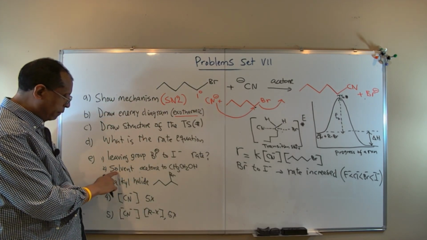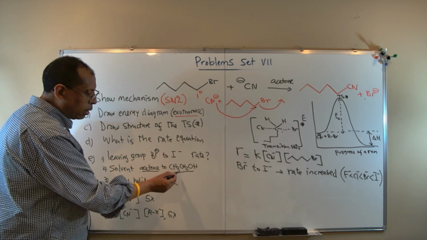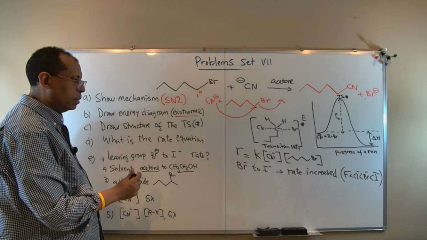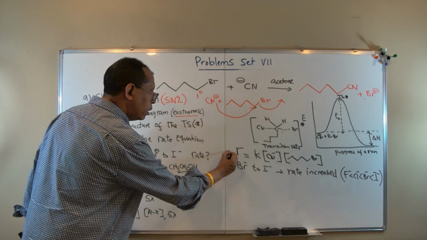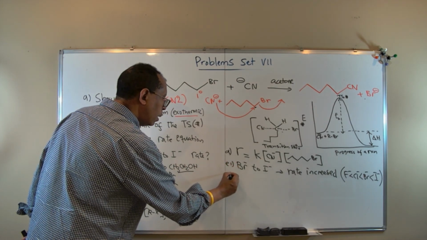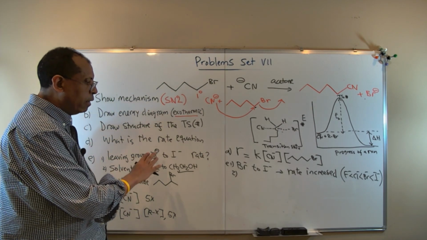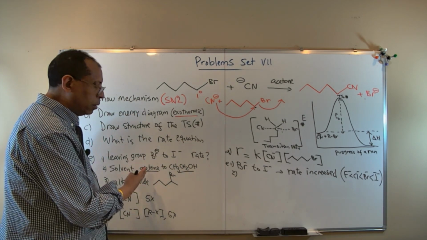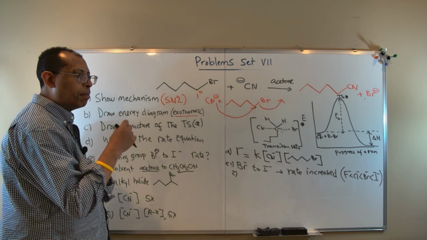Okay, what would happen if the solvent is changed from acetone to ethanol? This is the rate equation, this was for D, and E number 1. E number 2 is asking what would happen if the solvent is changed from acetone to ethanol. Obviously, acetone is a polar aprotic solvent, but ethanol is a polar protic solvent.